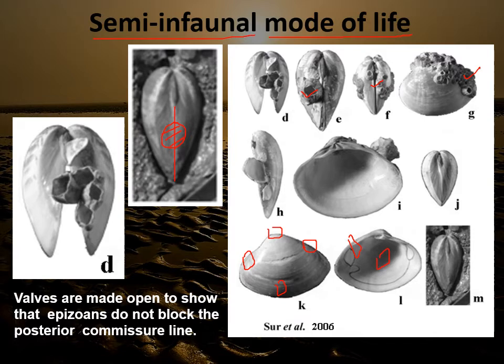Otherwise, this bivalve specimen without any epizoan attachment, as you can see in this picture, is exactly similar to the shallow burrowing mode of life, that is completely infaunal, shallow infaunal mode of life. So without any barnacle attachment, it is better to comment on the mode of life of this bivalve as shallow infaunal or shallow burrower.